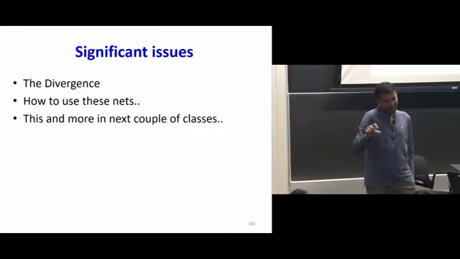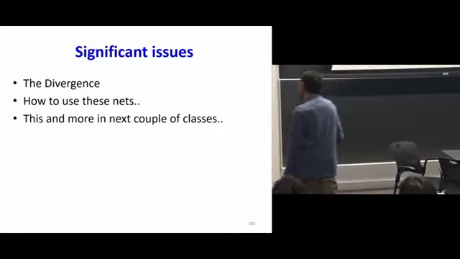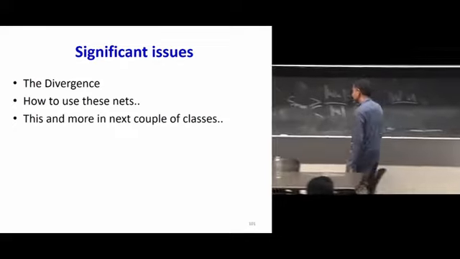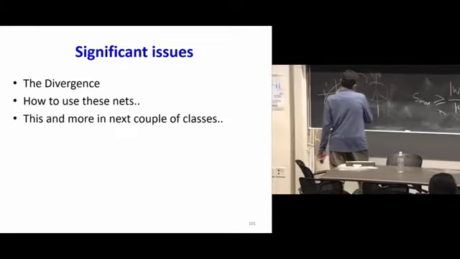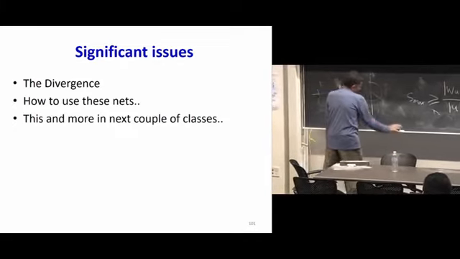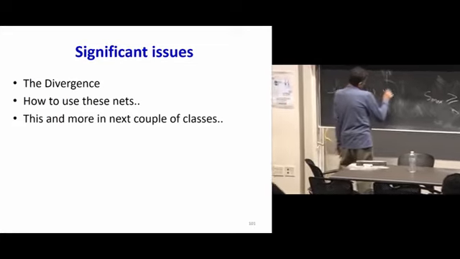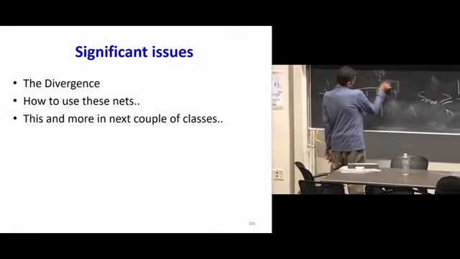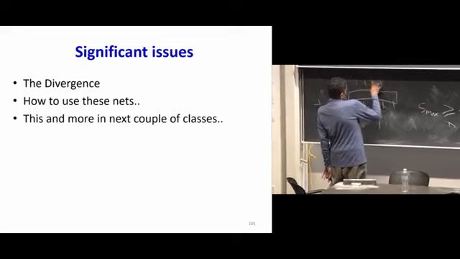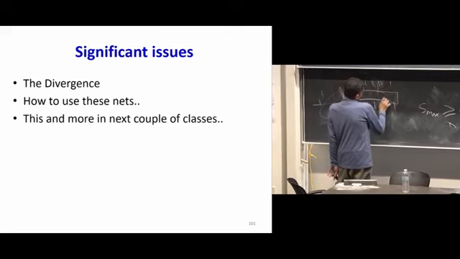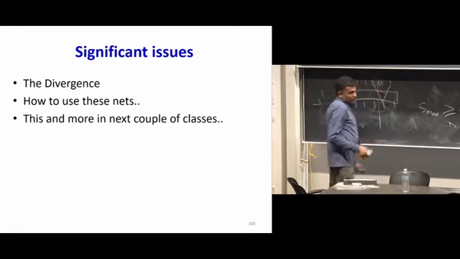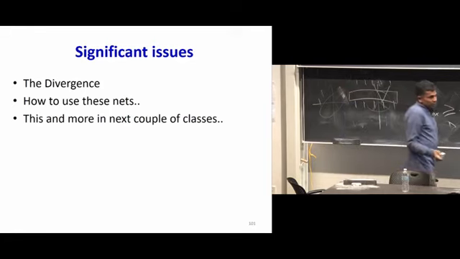We saw this divergence question, right? Where we define the divergence as something like this. If you had an input and you had a bunch of desired outputs, at each input you were actually considering a number of possible desired outputs.